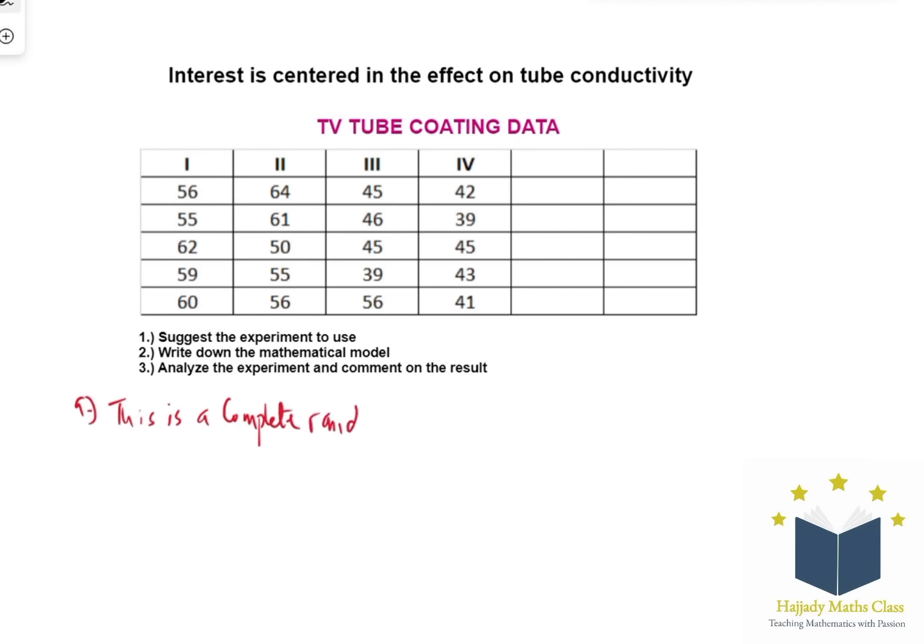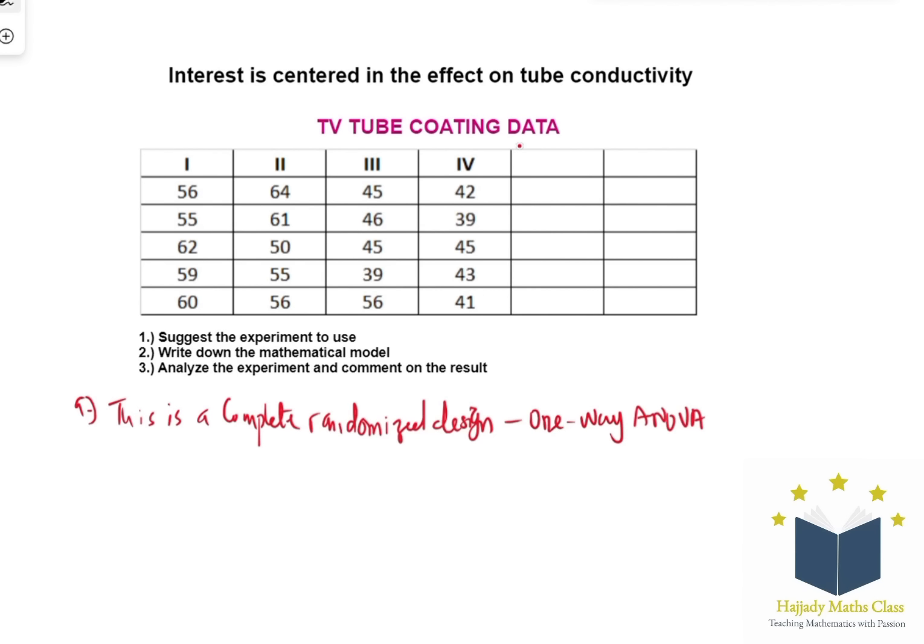And if you ask me why, there's nothing like blocking here, so we are not doing any blocking. Another name for it is one-way ANOVA. So this is the one-way analysis of variance.